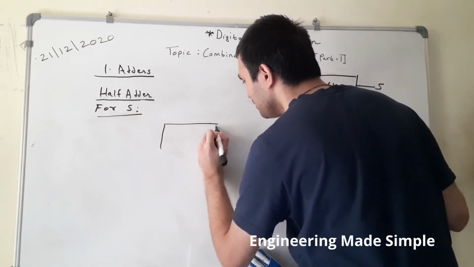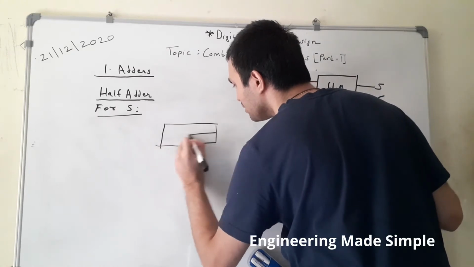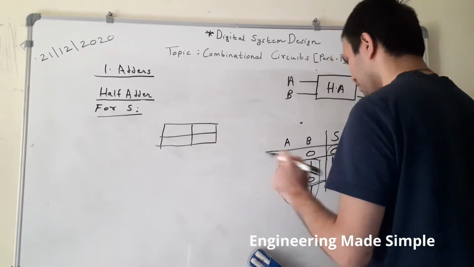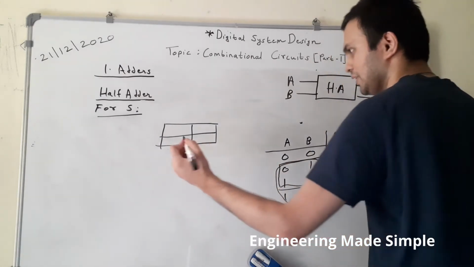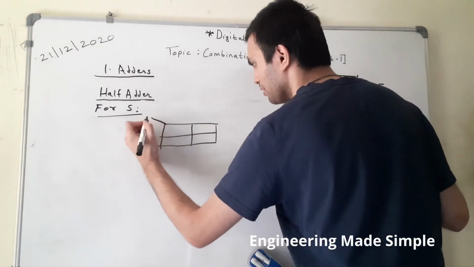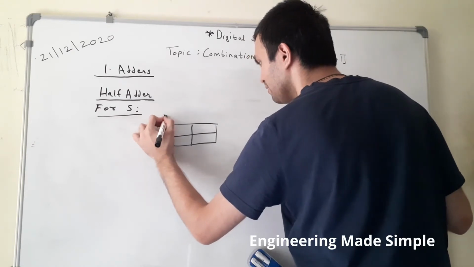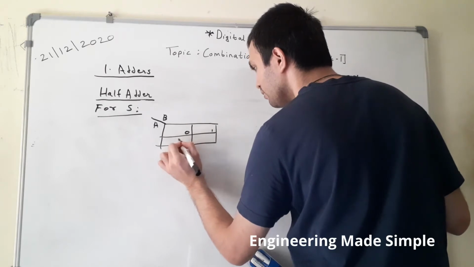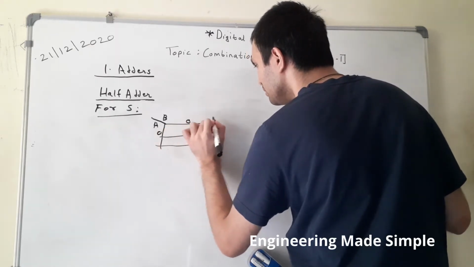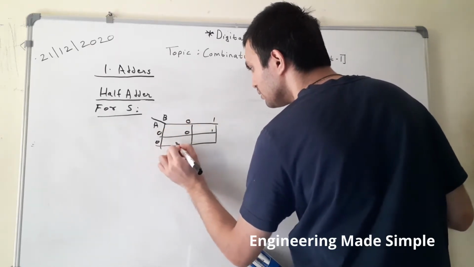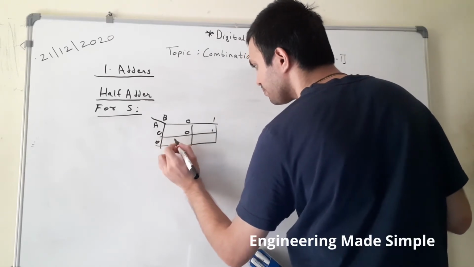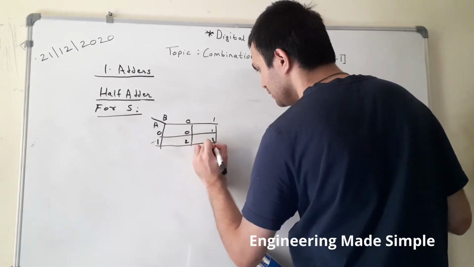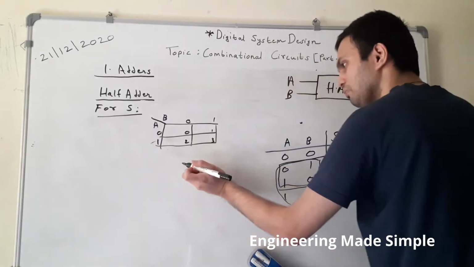So for sum, this is the K-map. It is a 4 cell K-map because 4 input combinations are there. So this is A, this is B, 0 1, 0 0, 1 0, so this will be the K-map.